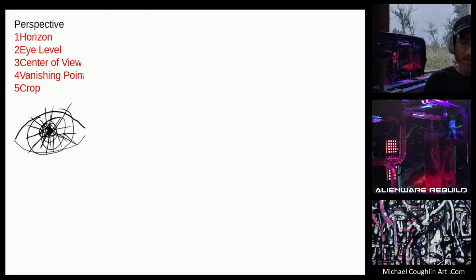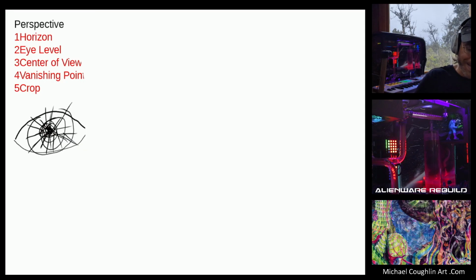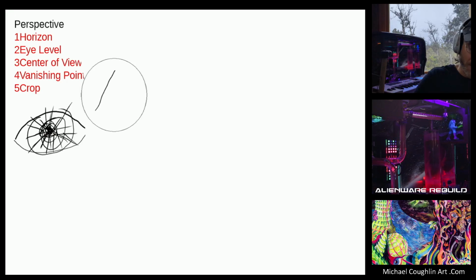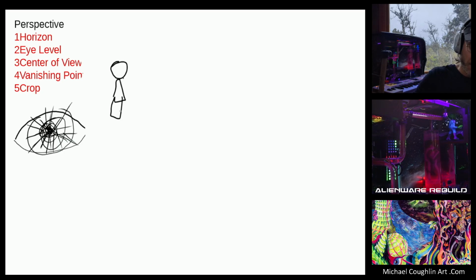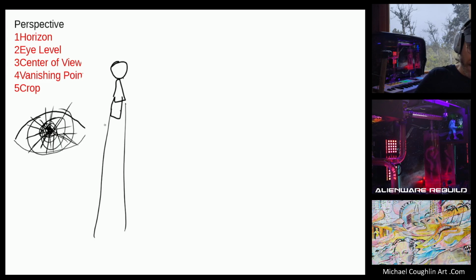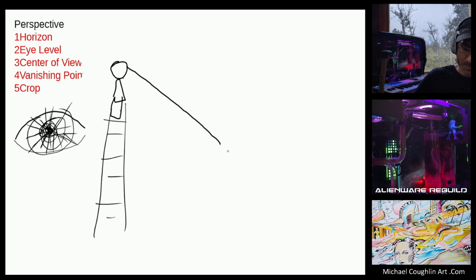Now let's take a look at if this person was looking down. Let's say they are up here on the ladder and they're looking down onto that scene, at a box down here.